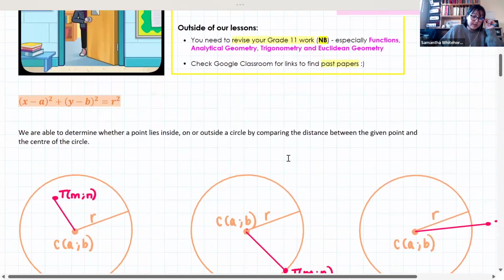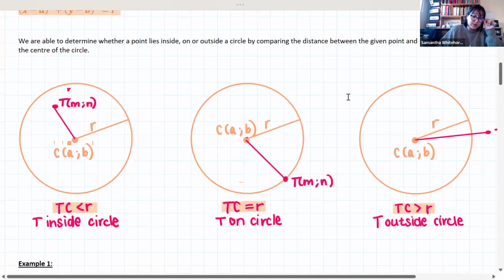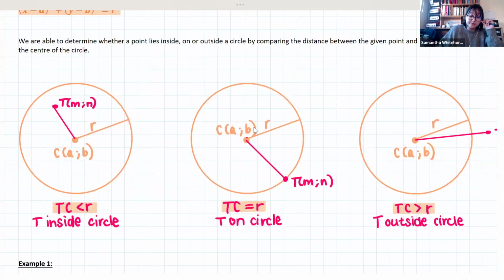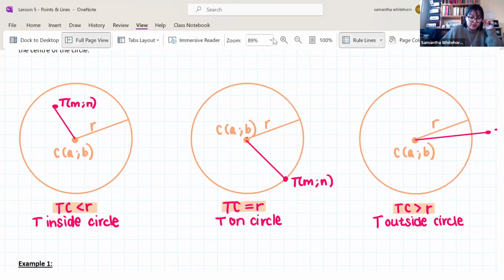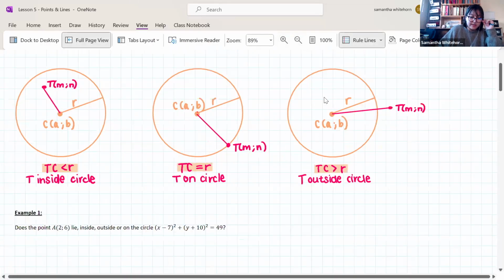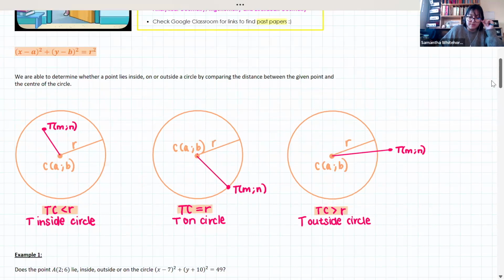Okay, so just remember, guys, that formula up there in orange is your circle formula, or equation of your circle. And that essentially gives us information about our circle in terms of its radius, its center, in center-radius form.